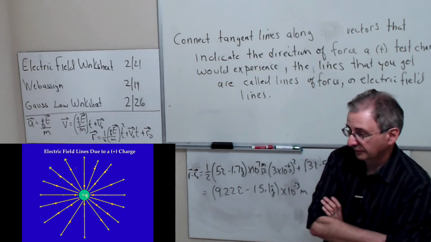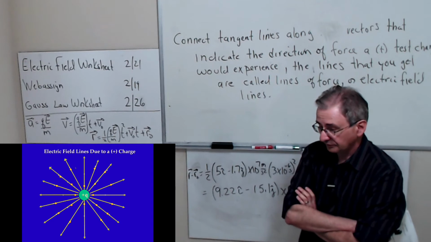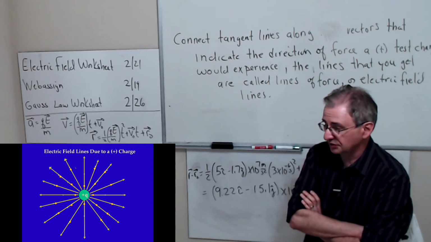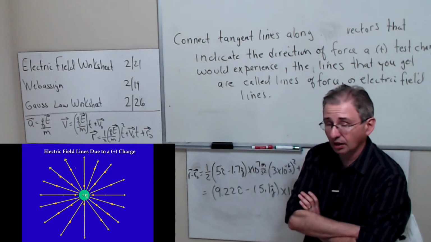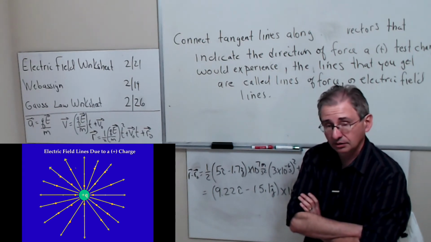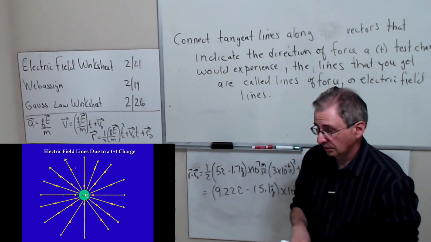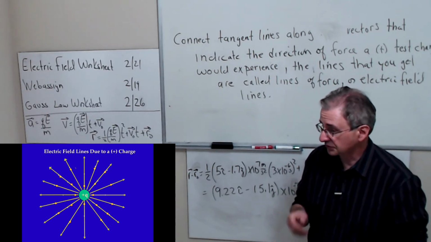Okay? So, if I put a positive test charge along any one of those yellow lines, the charge will move along one of those yellow lines. Questions on that?